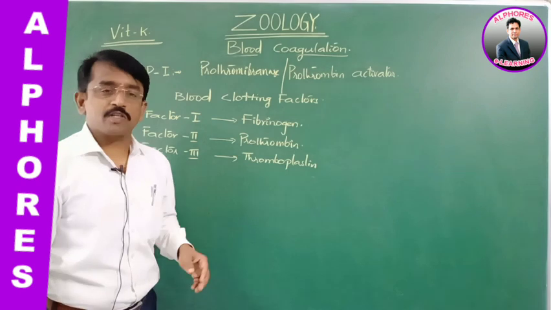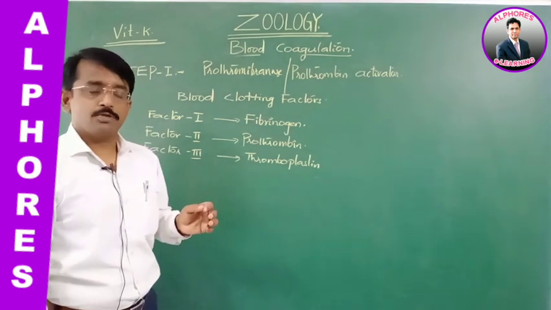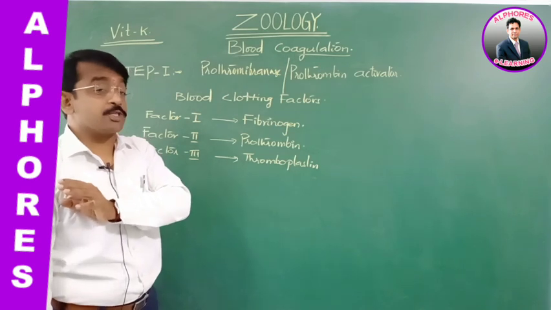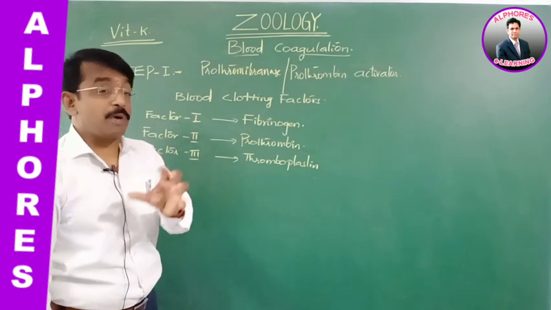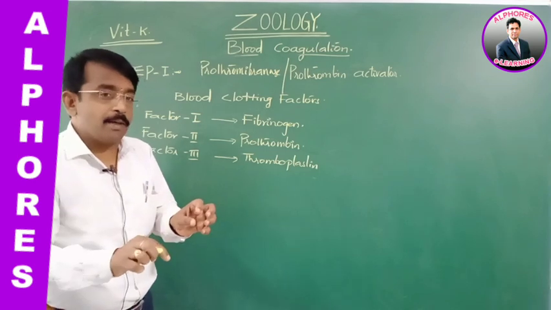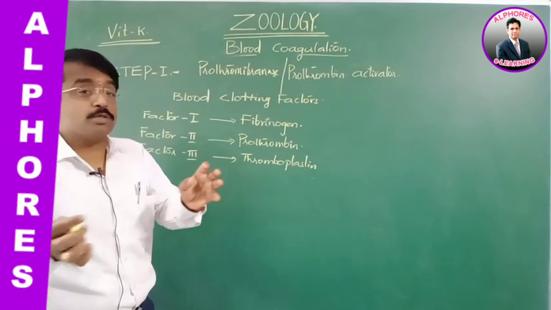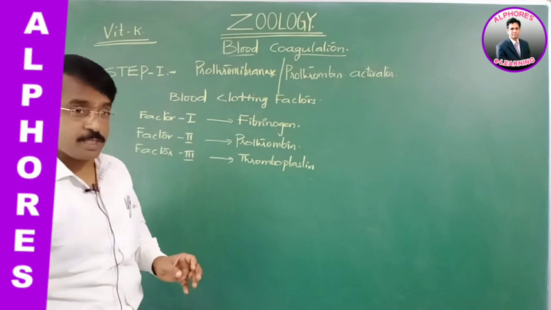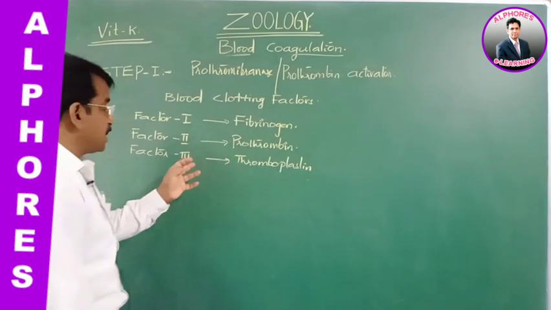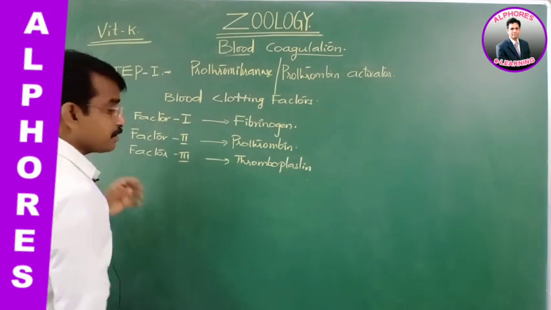If an injury takes place to the blood vessels and the extracellular vascular tissues are damaged, those are tissue thromboplastins. Plasma thromboplastin and tissue thromboplastin come under factor 3.